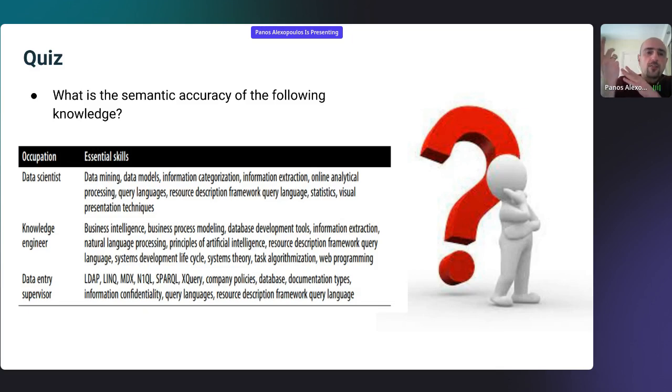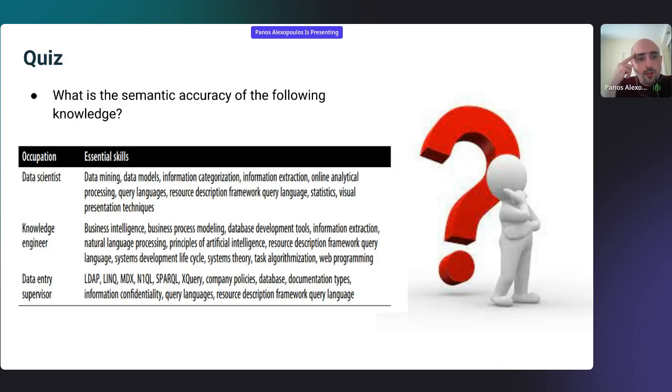Now, let's try and think. Please contemplate this content and think about how you would assess the semantic accuracy of this knowledge. Practically, here we need to decide as humans whether every pair of an occupation and essential skill is correct or not.